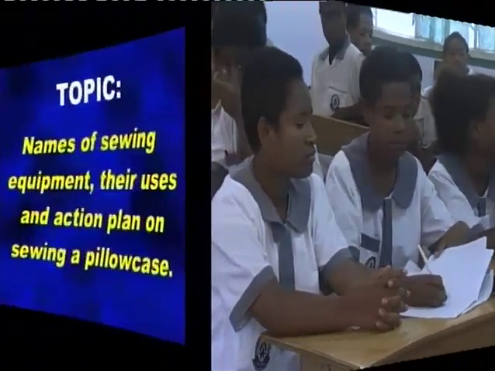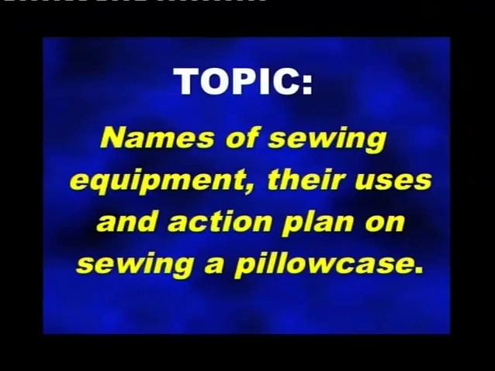needs to do. Now, likewise, a seamstress is a woman who sews for a living. She needs tools or equipment just like the carpenter to help her in whatever she wants to sew. Now, we will be looking at sewing equipment and what each of these sewing equipment are used for.